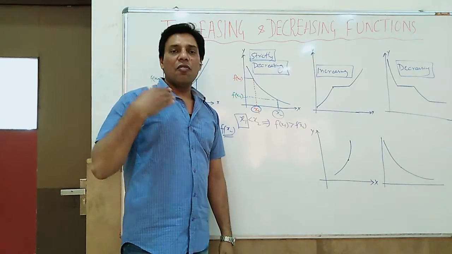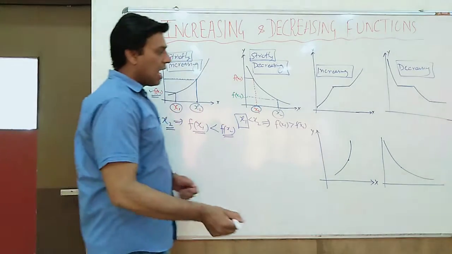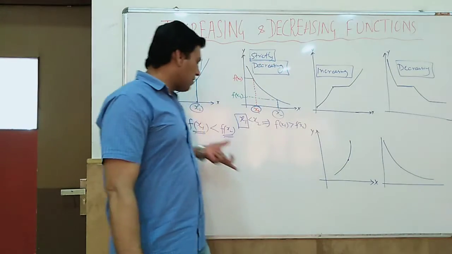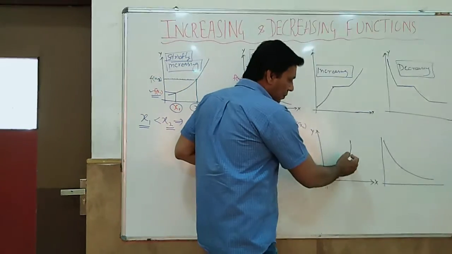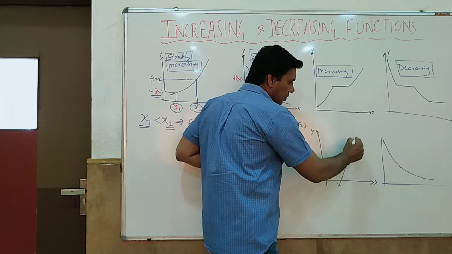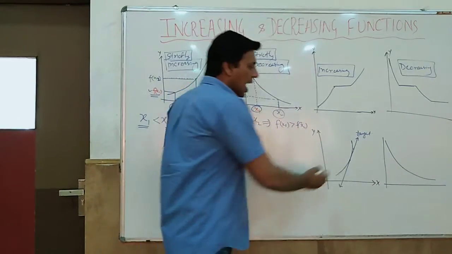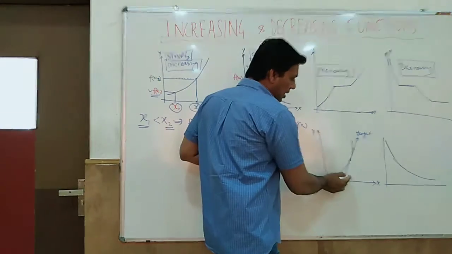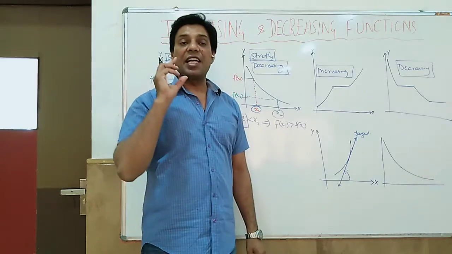Now how can we use differentiation in increasing and decreasing functions? Just see, I have drawn this graph and you know the function is increasing as I have shown in the previous discussion. Now if I draw a tangent to the curve at this point, this is your tangent. I have taken an arbitrary point on an increasing function. You see the trend that the tangent will always make an acute angle.